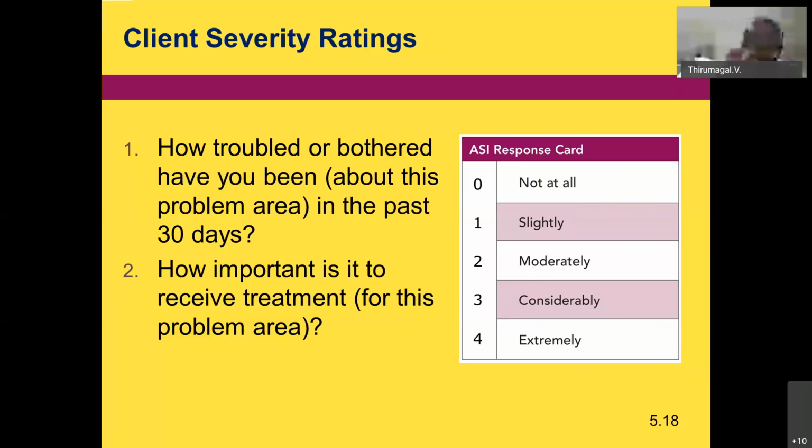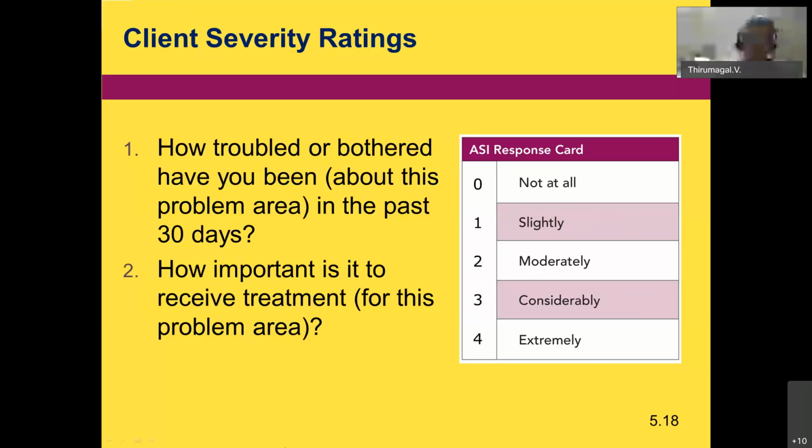This is clearly the client's subjective opinion. Okay. So you will record that in the client rating scale, patient rating scale. How troubled were you in the past 30 days? You will write it there.